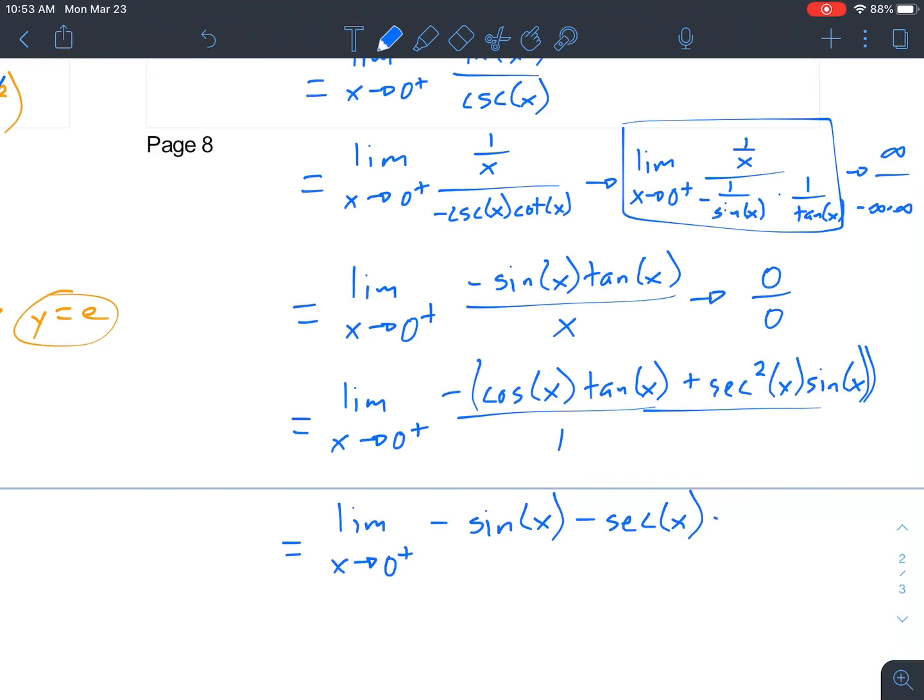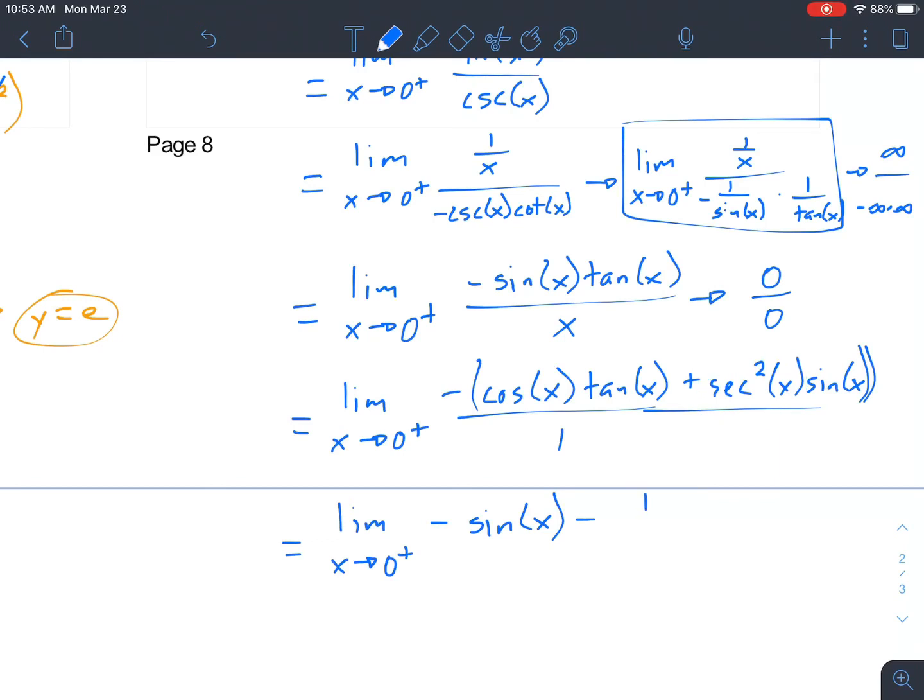And now we can just put in 0. Oh, I'm sorry, I did not simplify that correctly. We can't simplify secant squared and sine of x to become secant of x. That's not correct. Secant squared is actually 1 over cosine squared.